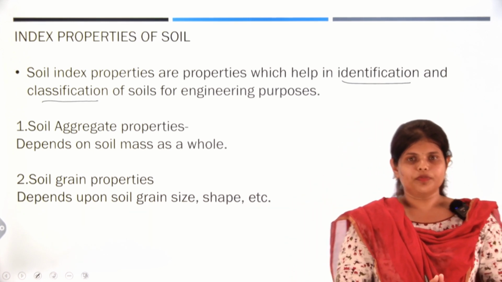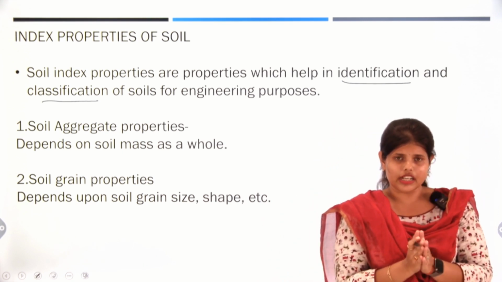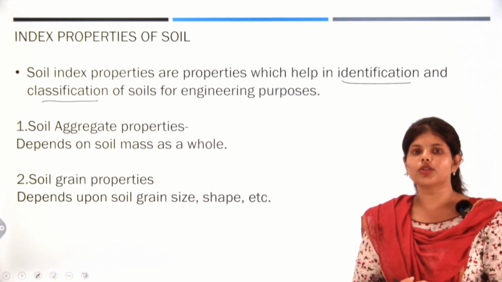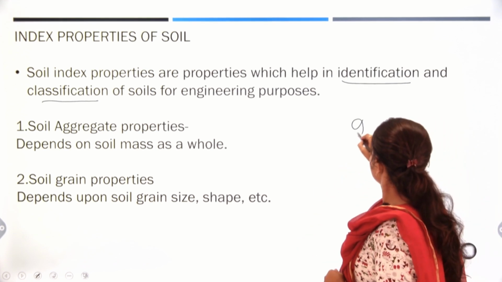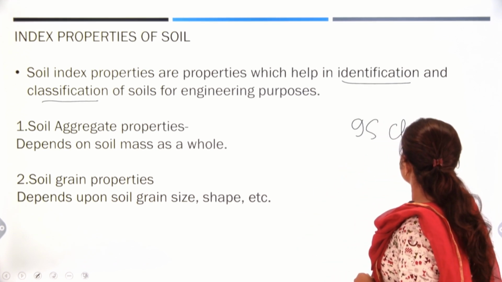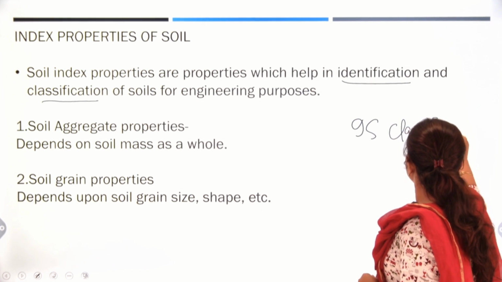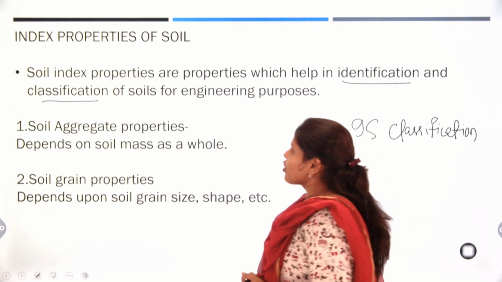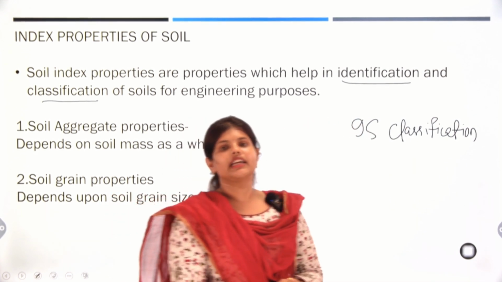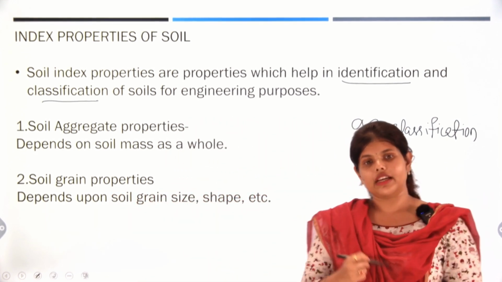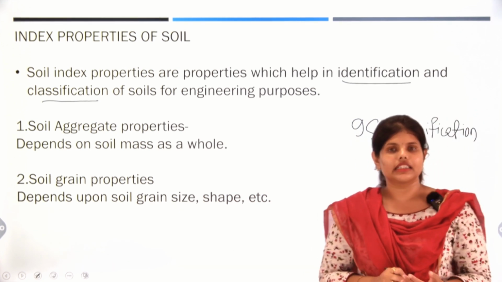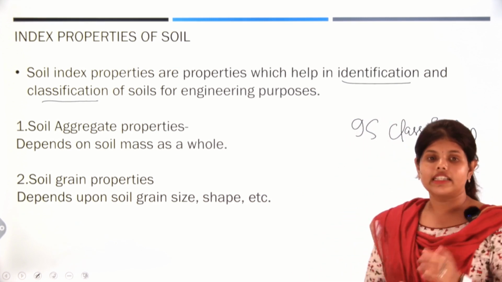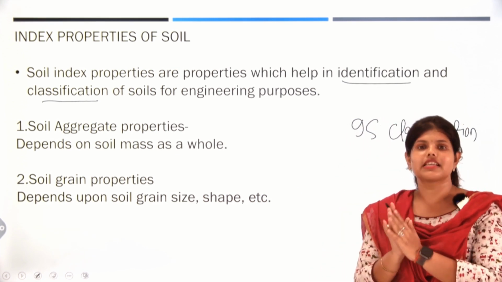When soil size varies, it will be classified according to our IS classification system. This classification we will discuss later, but what we will study here is two kinds of properties: soil aggregate properties and soil grain properties. Soil aggregate properties depend on the soil mass as a whole.